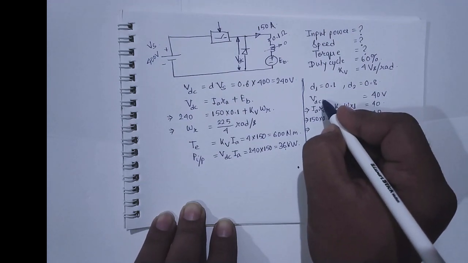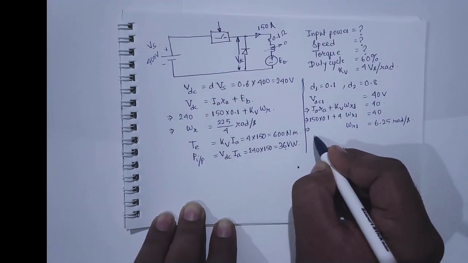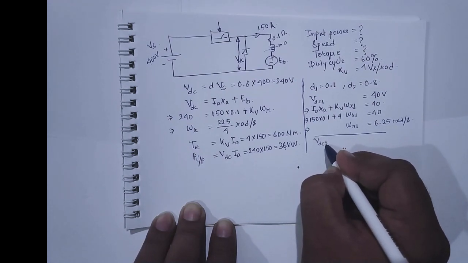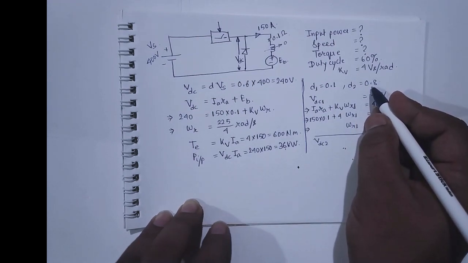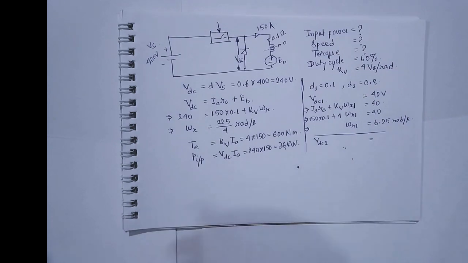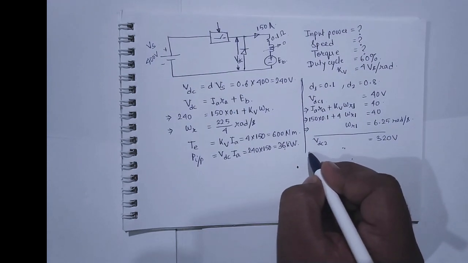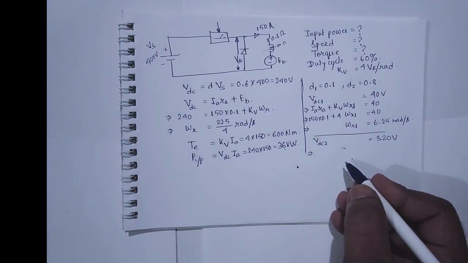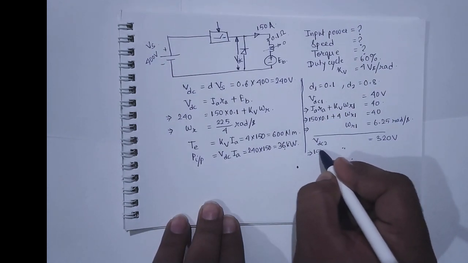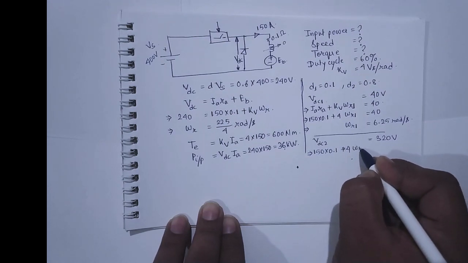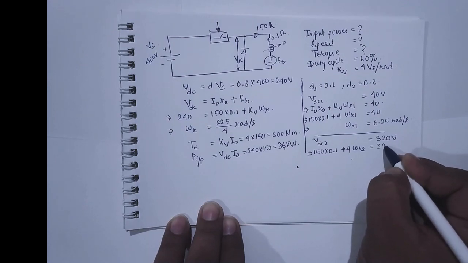Now this is VDC1. What will happen if D2 is 80%? Then VDC2 will be 0.8 into 400, that is 320 volt. The same thing will happen over here. So 150 into 0.1 plus 4 omega 2 is equal to 320.